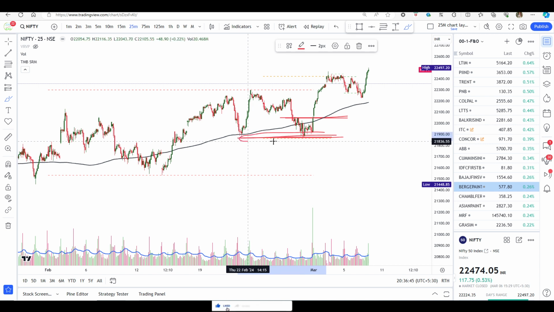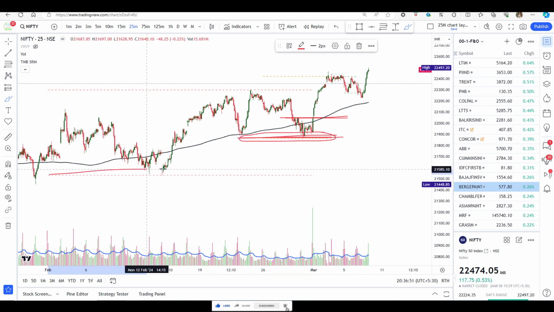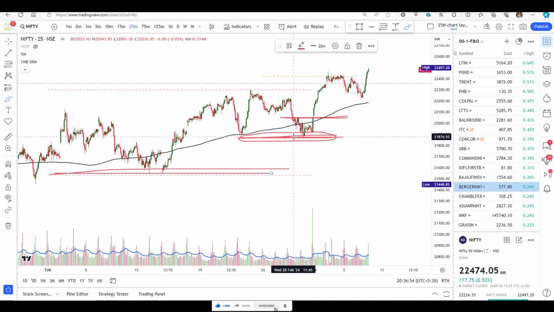Before this low, we need to identify the other low. This is another previous low: this was the immediate previous low, and the next previous low was this one.